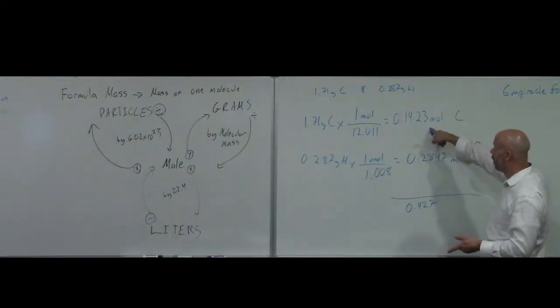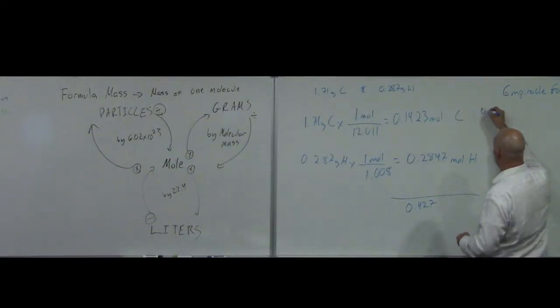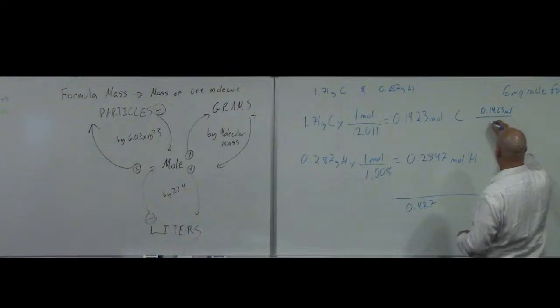So if I want to know what percentage of my moles are carbon, not just the number of moles, I just need to divide by that, right? So I take 0.1423 moles and I divide it by 0.427 moles.